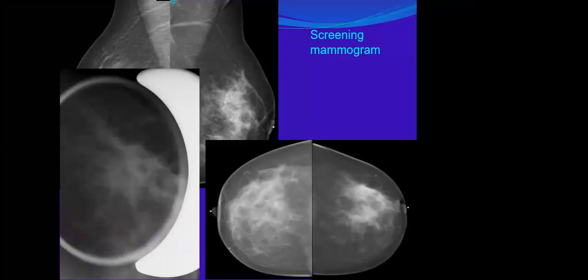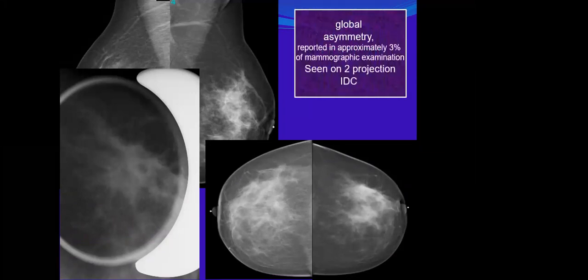Okay, so this is a spot magnification now. After the spot, it is more suspicious, with an irregular mass-like lesion. So it is at least BI-RADS 4C, and that was invasive ductal carcinoma.